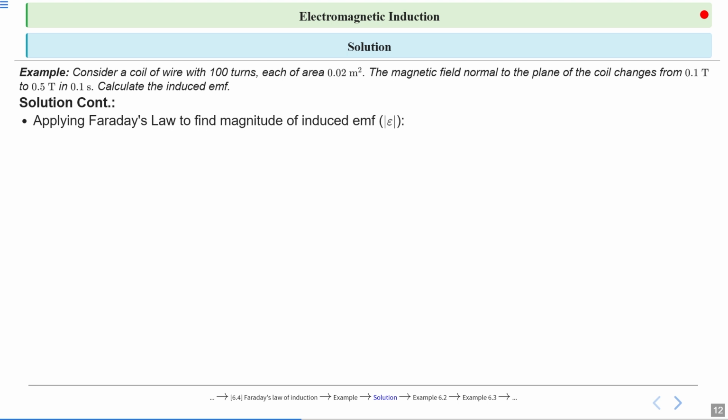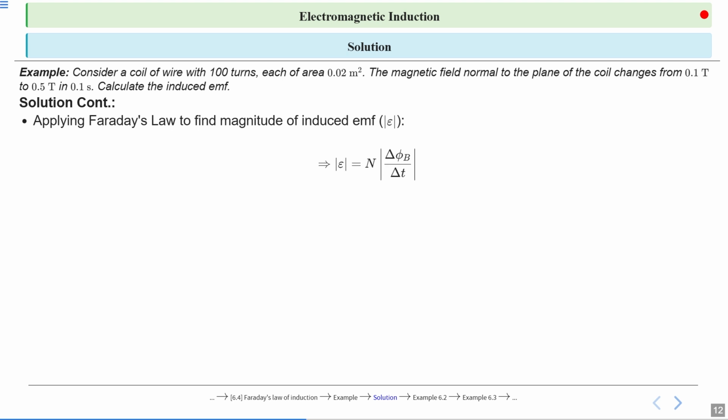The magnetic field direction is also not specified, only that it is normal to the plane. If the direction is not specified, we will take the magnetic field in the direction of the area vector. So we can't determine the polarity or direction of induced EMF accurately, and we are only going to find the magnitude of induced EMF.